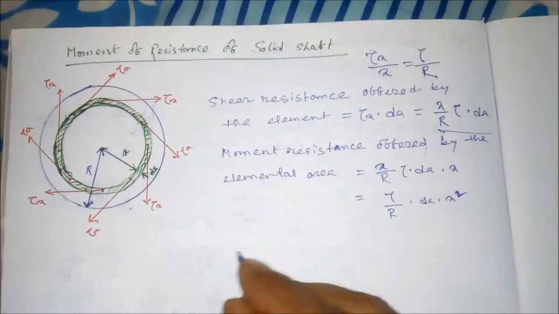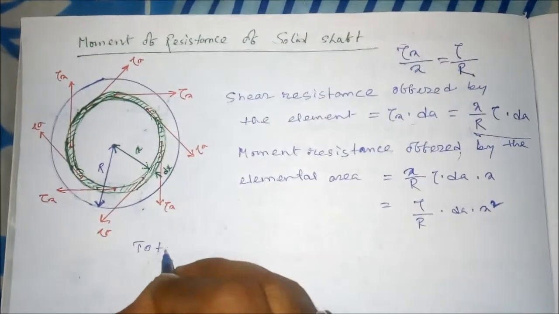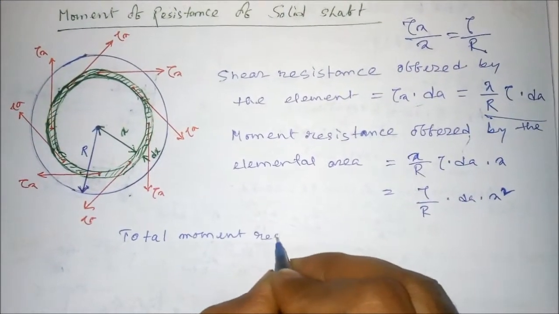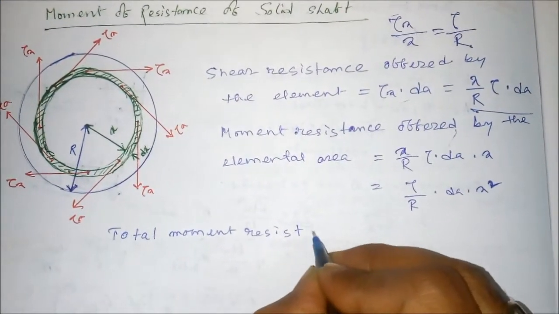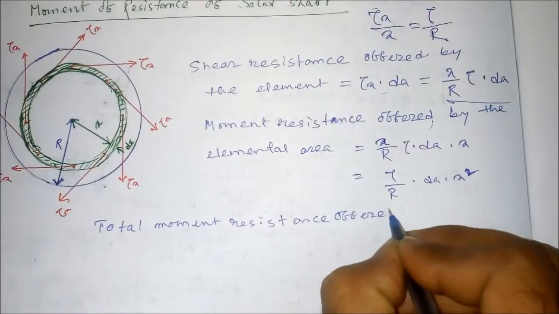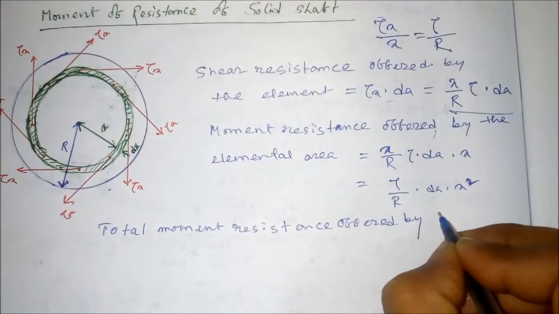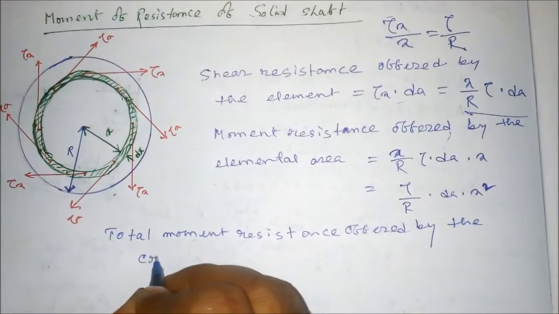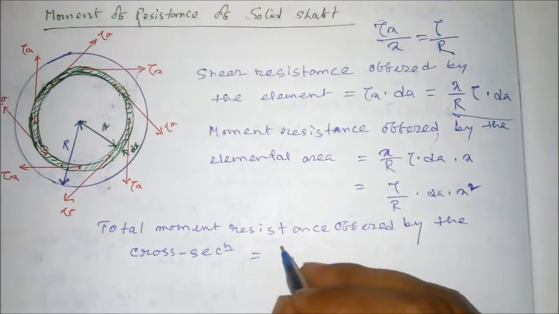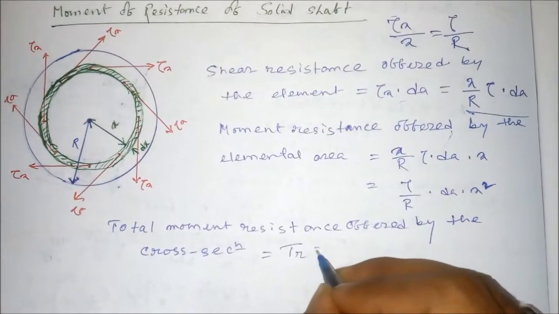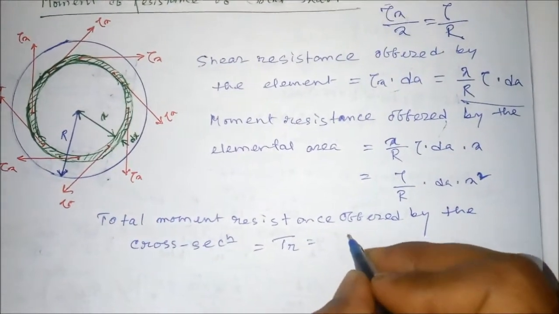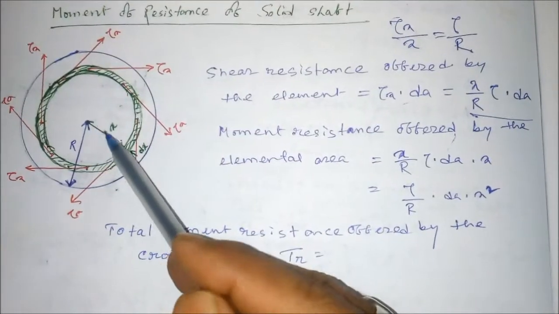The total moment resistance offered by the cross section, suppose we denote it with TR, the torsion resistance, will be equal to the integration from 0 to r.